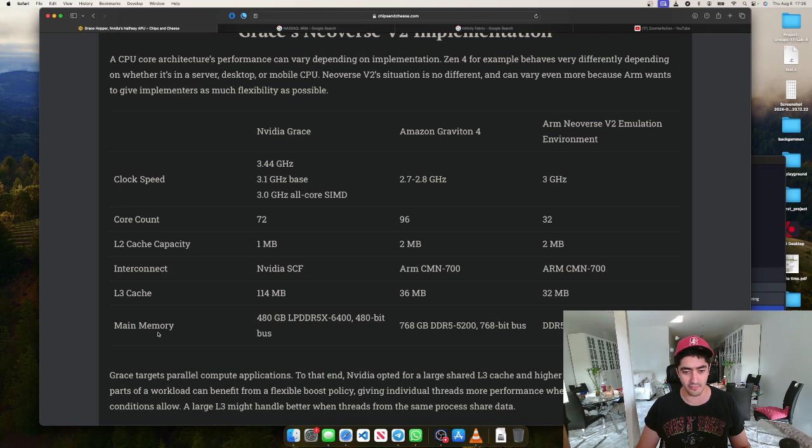And then your main memory is 480 gigabyte of LPDDR5, and for Amazon Graviton you have 768 gigabyte of DDR5, but the bus is larger on this one. This one has a 768 bit bus, the other one has a 480 bit bus, and then ARM Neoverse has a 128 bit bus.